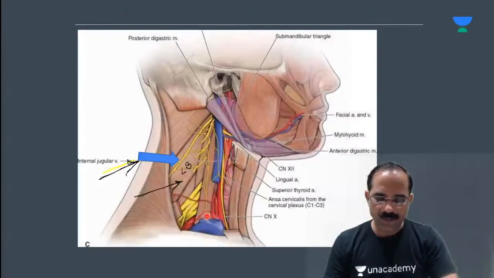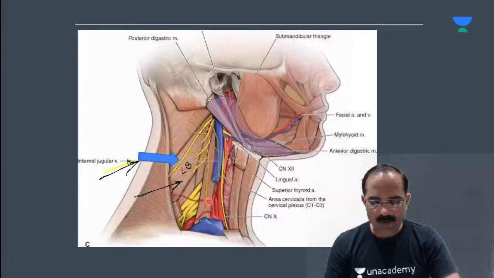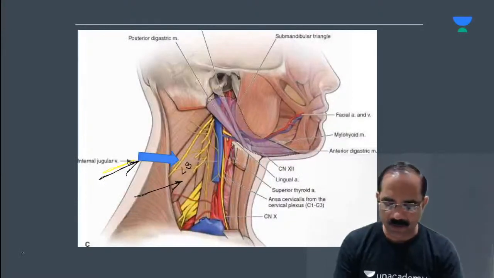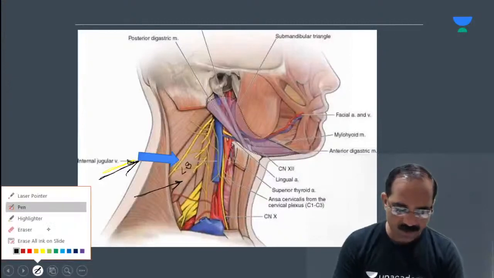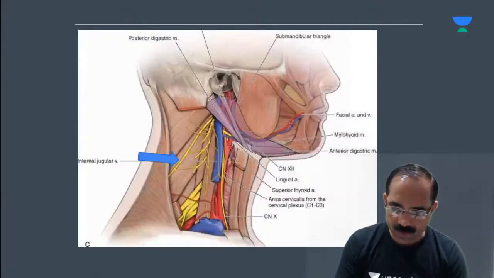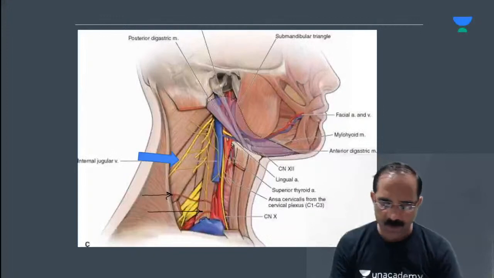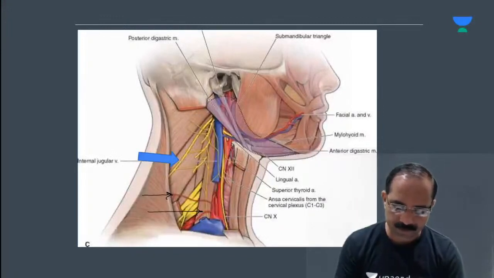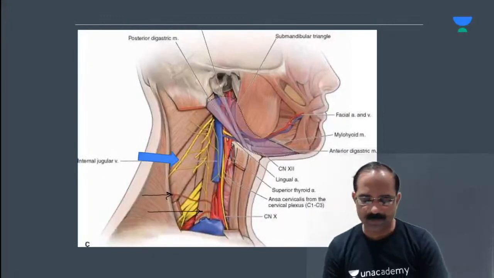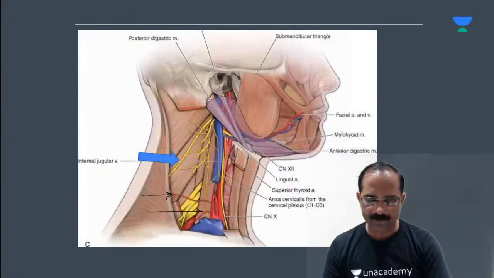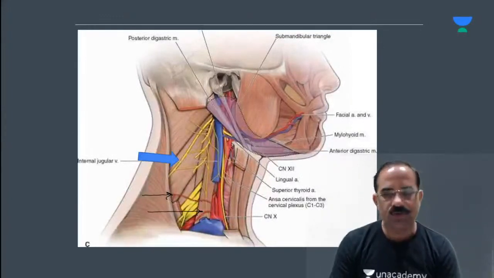This is the scalenus anterior, and this scalenus anterior is crossed by two arteries. Can anyone tell me what are these two arteries which are crossing the scalenus anterior? Any guesses? This is going transversely in the neck.